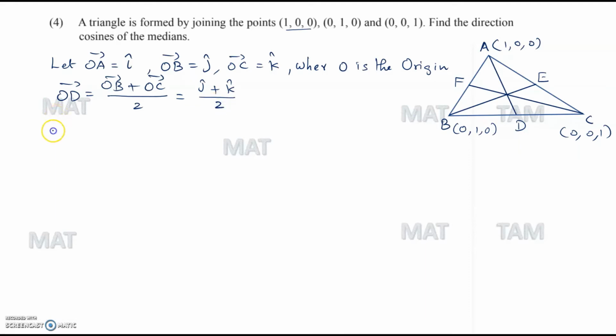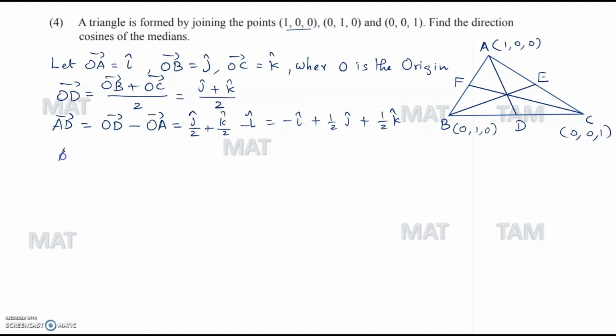So for the vector AD, we can define it as vector OD minus vector OA, which is, OD is j cap by 2 plus k cap by 2, minus OA, which is i cap, or we can write this as minus i cap plus half j cap plus half k cap.